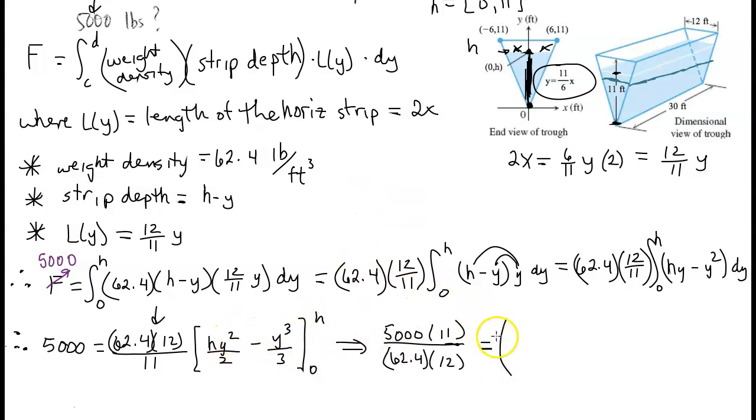So when I do this for the first time, it's going to be h times h squared, which is h cubed. That's going to be that divided by 2 minus h cubed divided by 3. And then when I plug in 0, after subtracting, I know that both terms here is just going to end up being 0. So I'm just going to put a 0 here and be done.